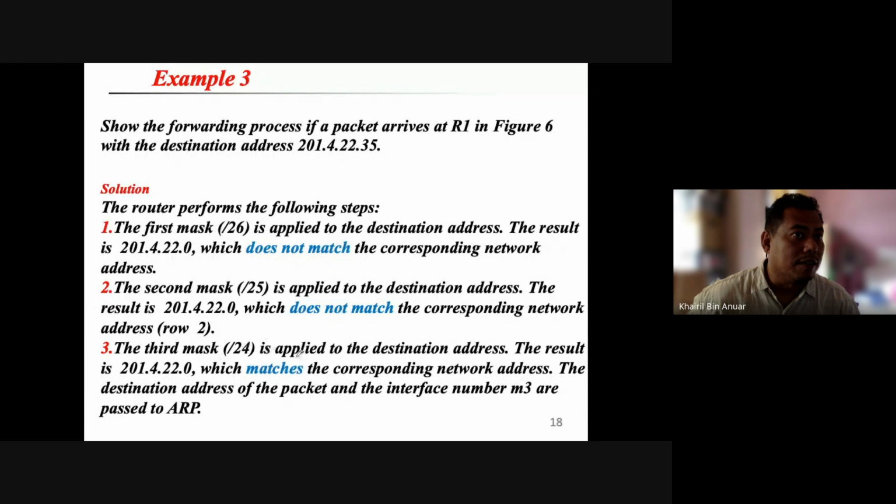So with respect to that, you will see that the result is 201.4.22.0, which matches the corresponding network address, and the destination interface is M3. Again, I will say that if you read the description in this slide, it is a bit confusing.